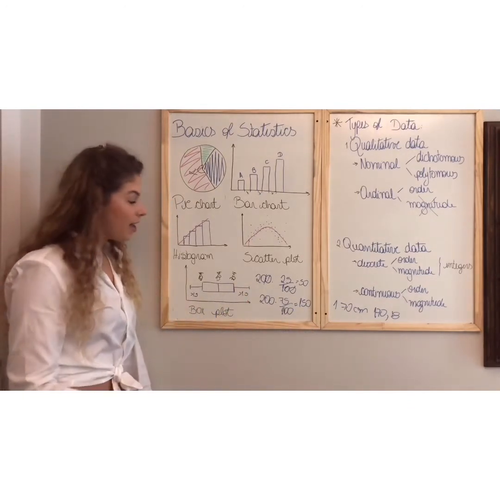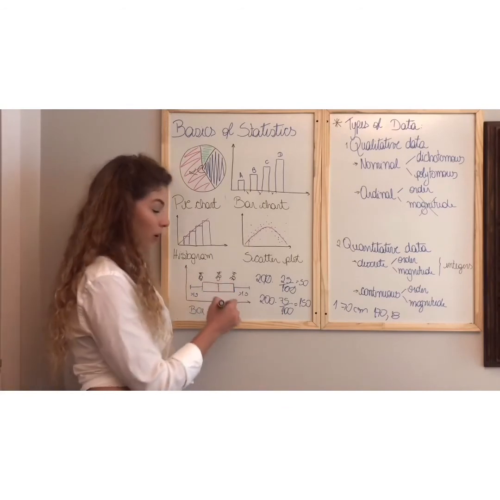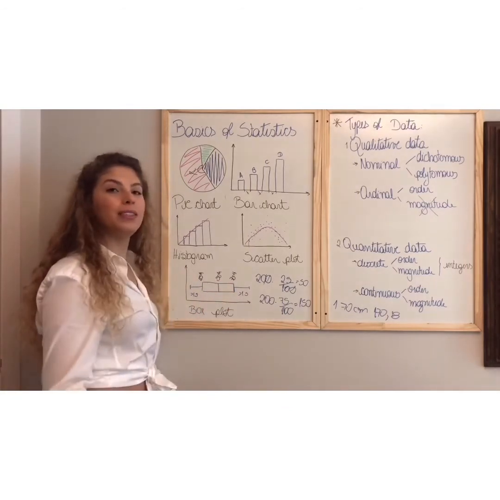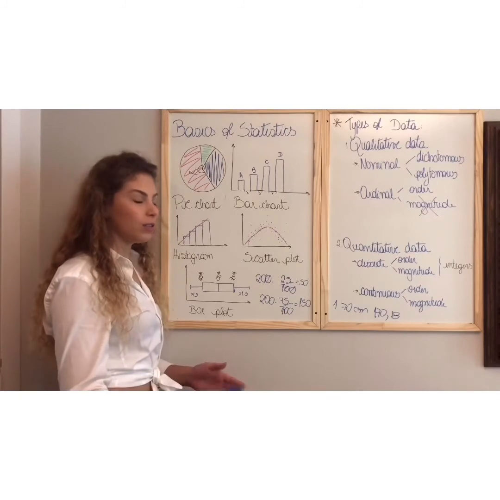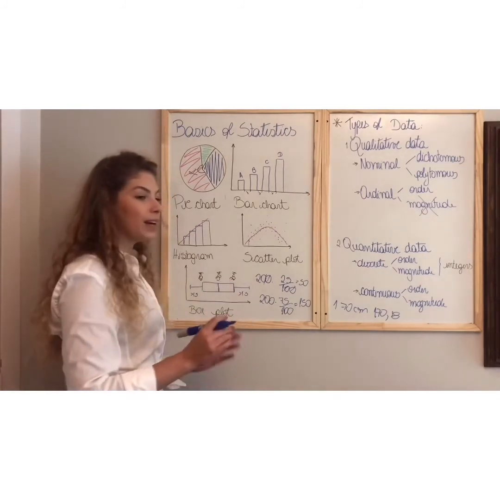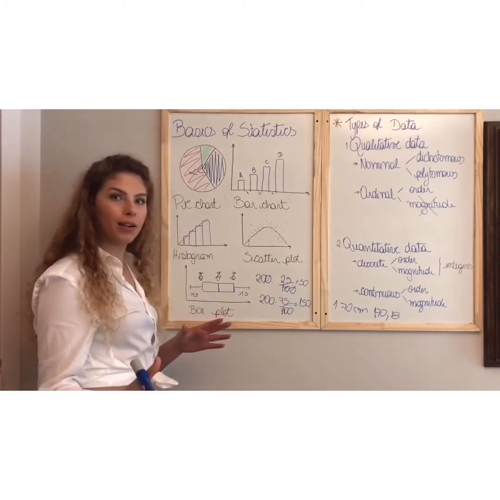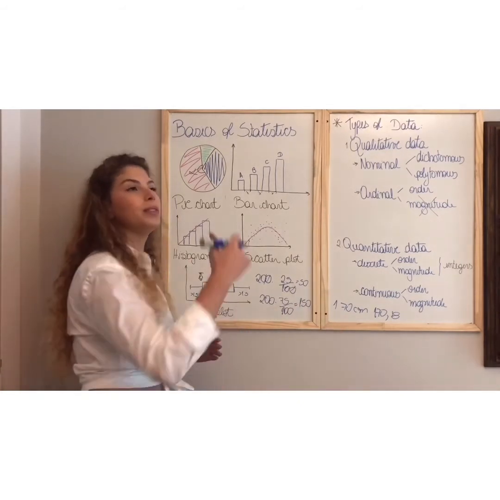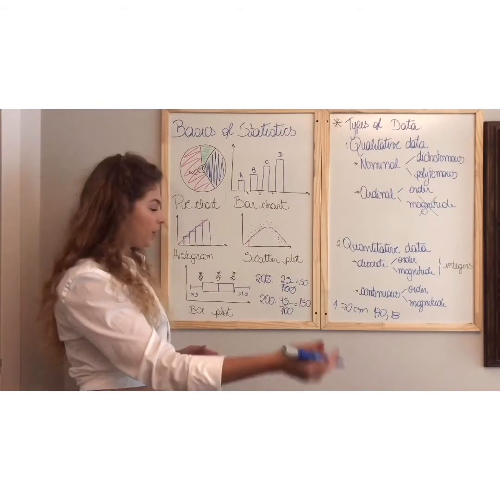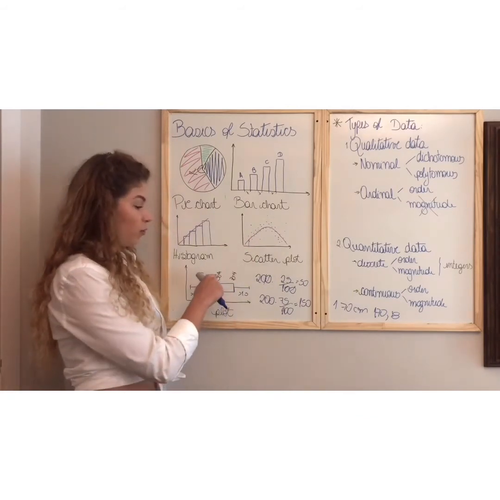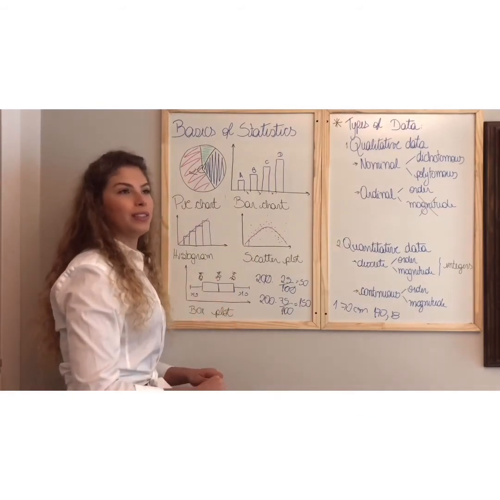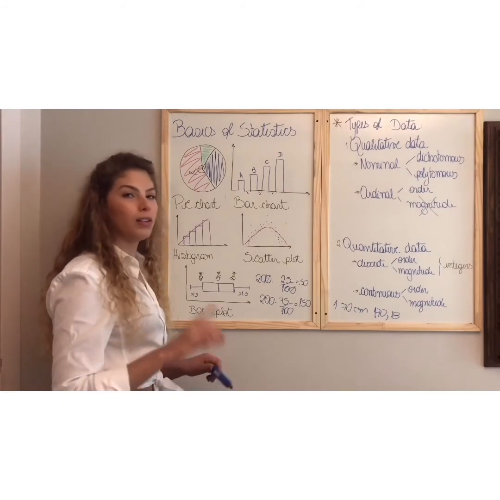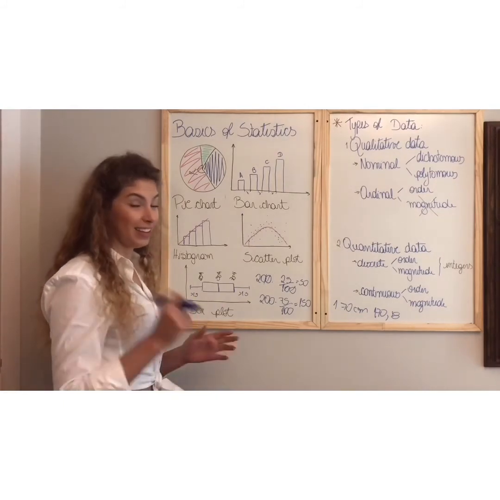Then we have a line in the middle of the box. That line represents the median of the data set. This line divides the data set into two equal parts, 50% before the line and 50% after the line. If it is right in the middle, that would represent that our data set is normal. I'll define that later.